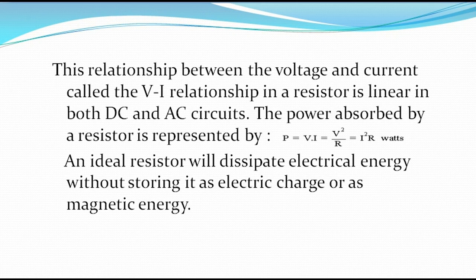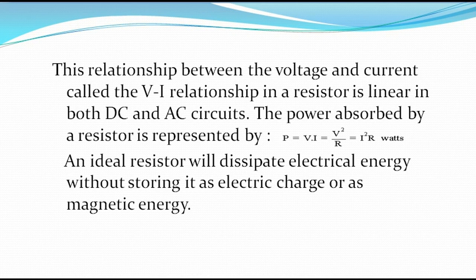The power absorbed by a resistor is represented by P is equal to V times I, where P represents power, V voltage, and I current. I repeat, the power absorbed by the resistor.